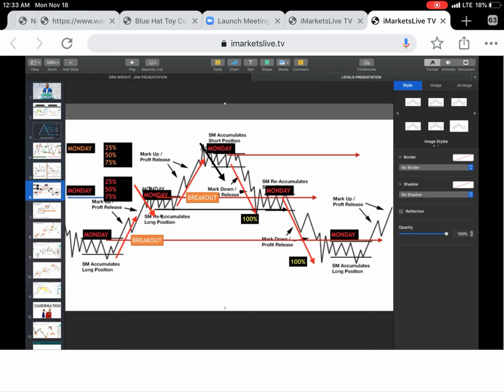Okay? Once we came down 100% of this original move, what's happening to the trend? Is the trend getting stronger or is it getting weaker? Is the trend getting stronger or is the trend getting weaker?